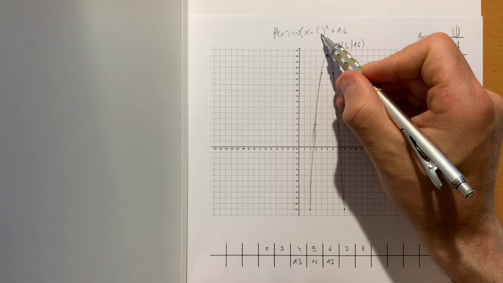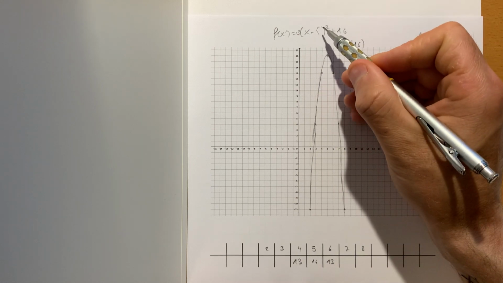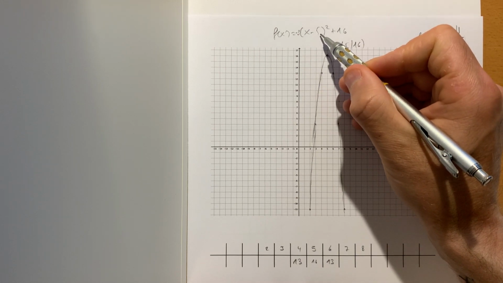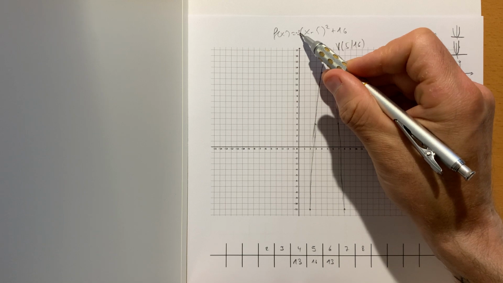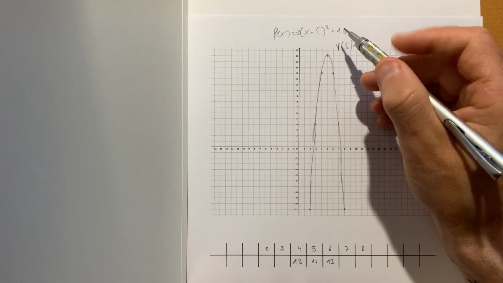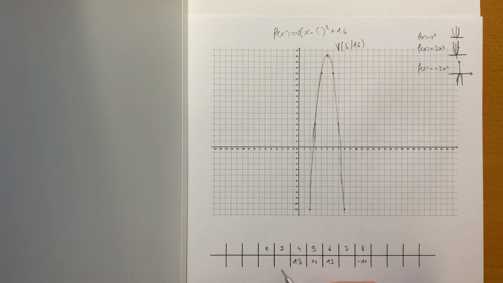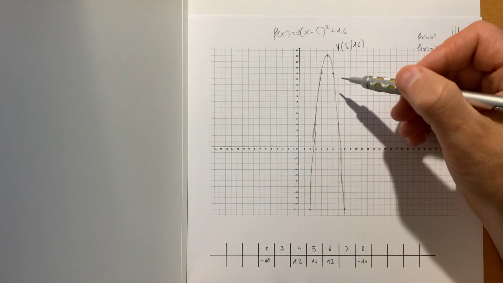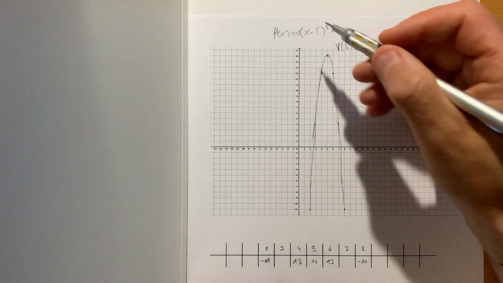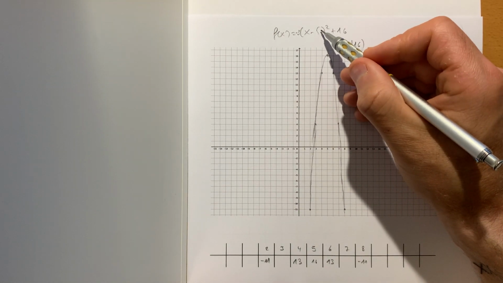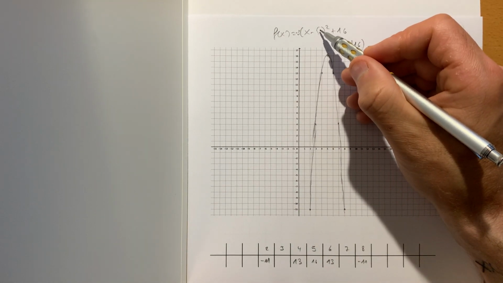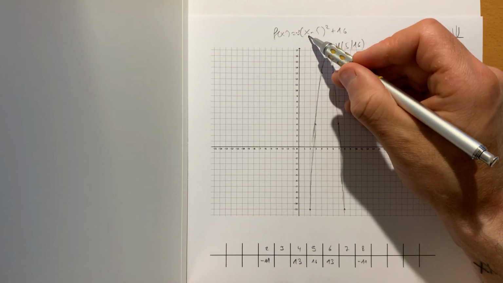That's 8 minus 5, that's 3 squared. That means it's 9 times -3, that's -27 plus 16, that's -11. Okay, -11. If you do it with the 7, let's just do that too. 7 minus 5, that's 2, sorry.